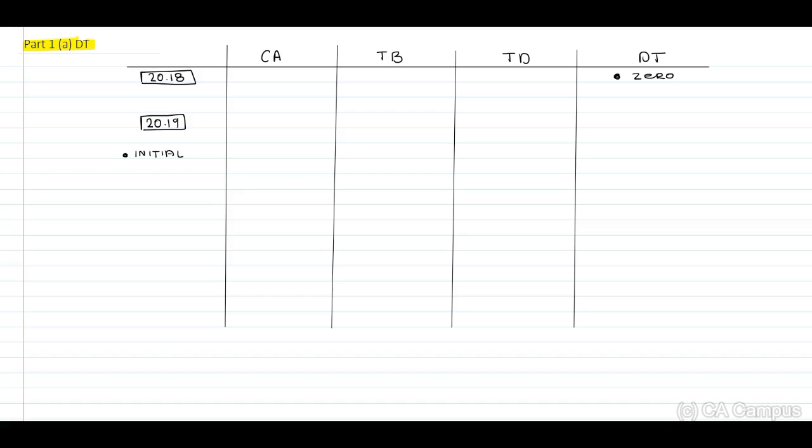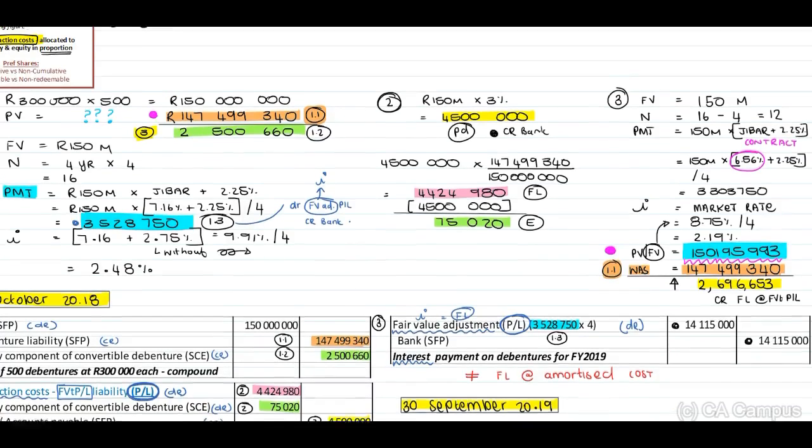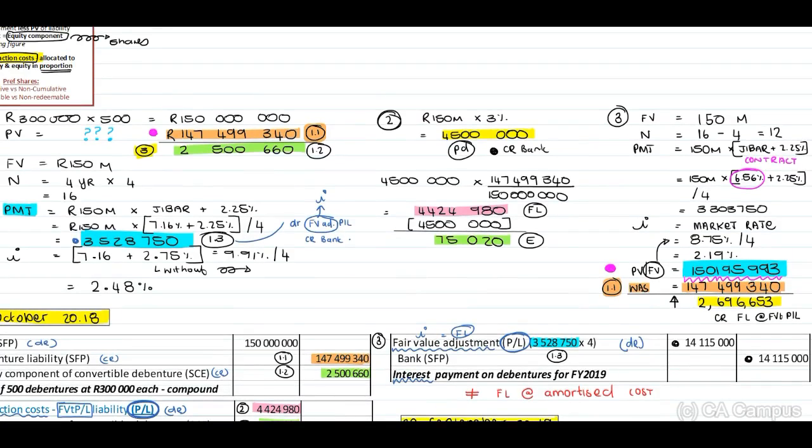Remember, when you refer to our calculation on initial recognition, left side, guys, this calculation 1.1 on initial, we've determined for accounting purposes will be the 147,499,340.